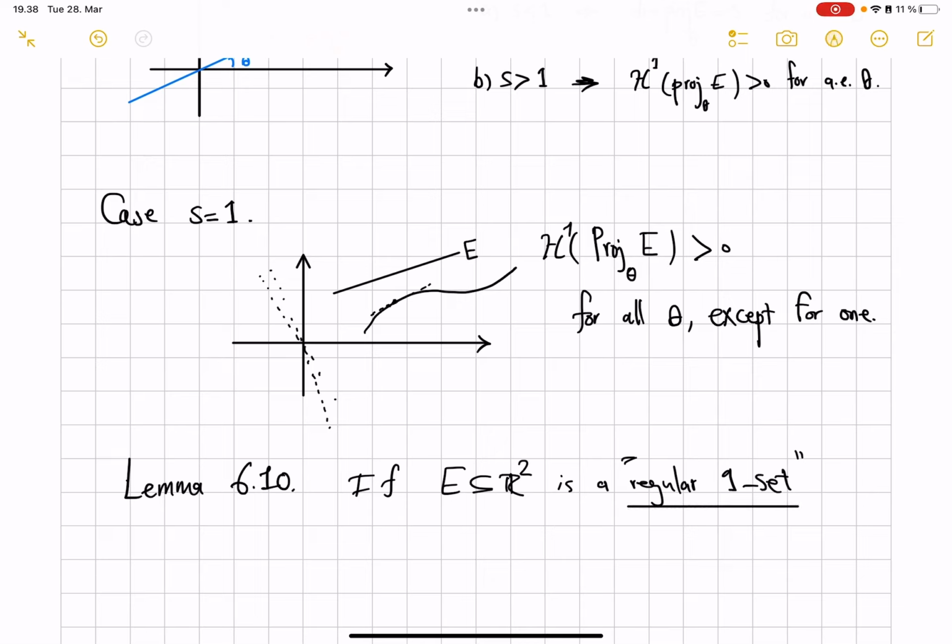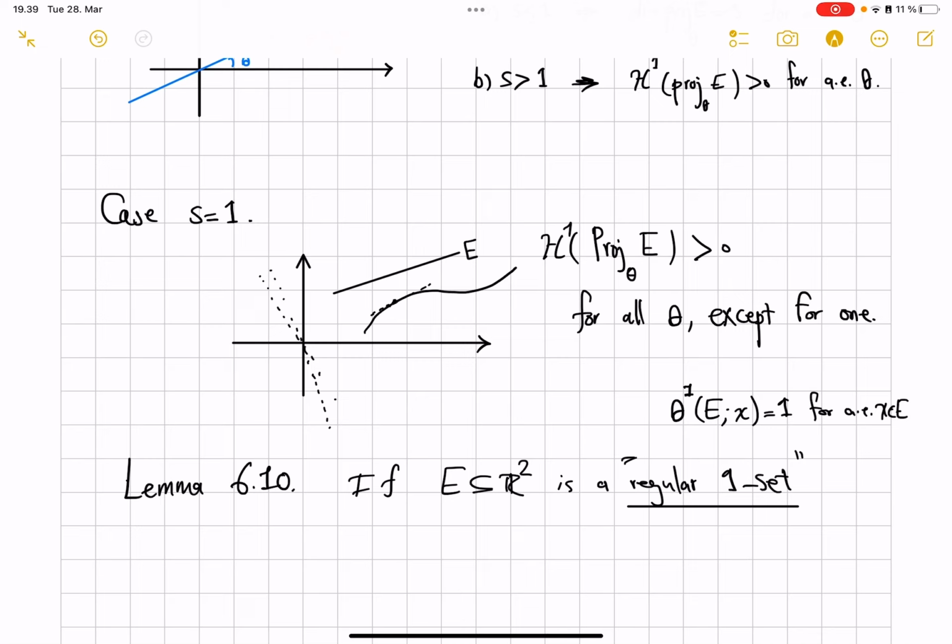This is regularity in terms of the density, so that the upper 1-density of the set E at x is equal to 1 for almost every x in E.